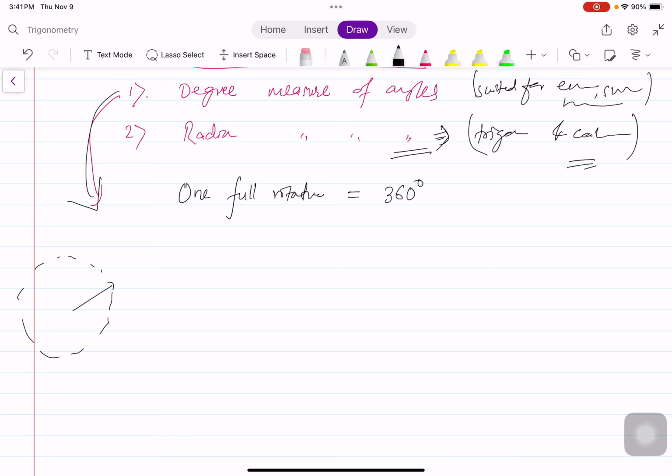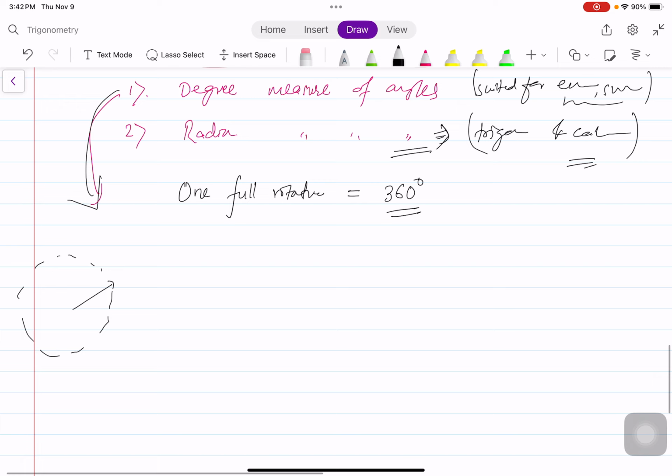We say 360 degrees, and this is the notation. If you divide the whole circle into 360 parts, 1 degree will be 1 over 360 of one full rotation.